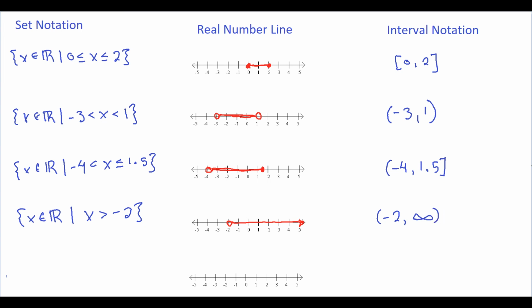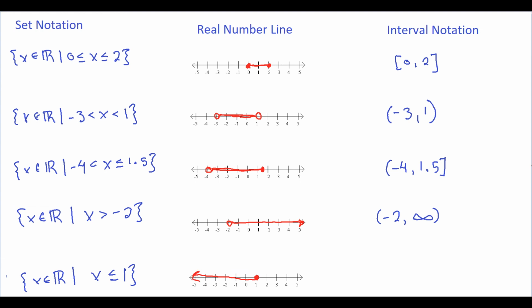Last example, if I have all real numbers that are less than or equal to 1, again, on my number line, I have a closed hole at 1, and I want everything to the left of that.